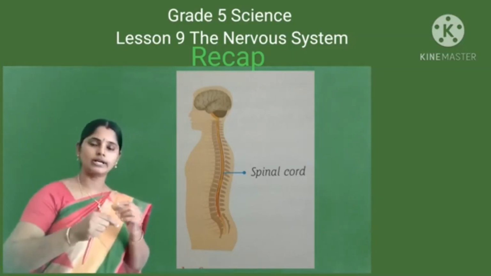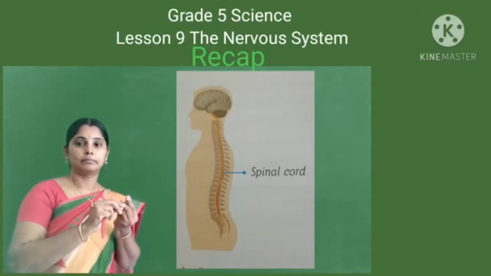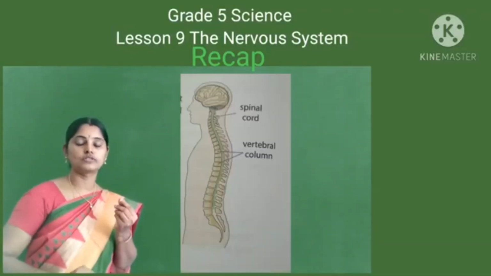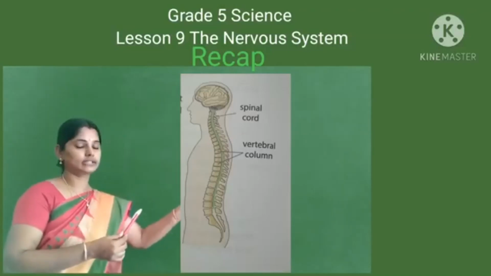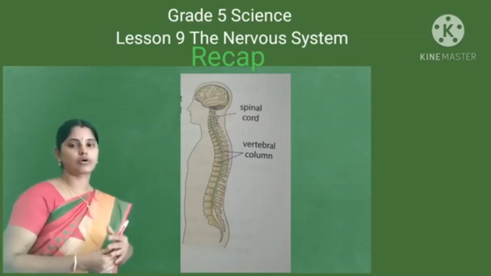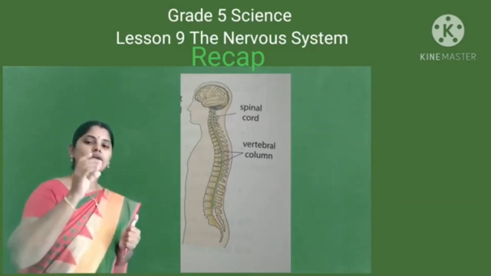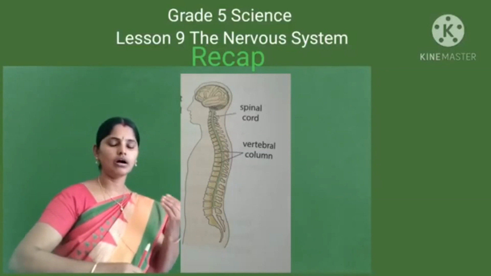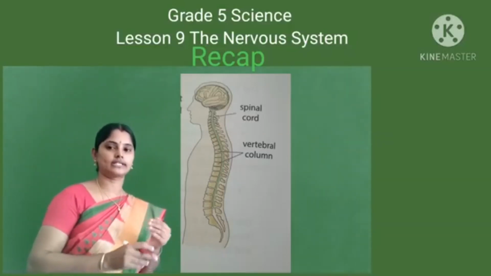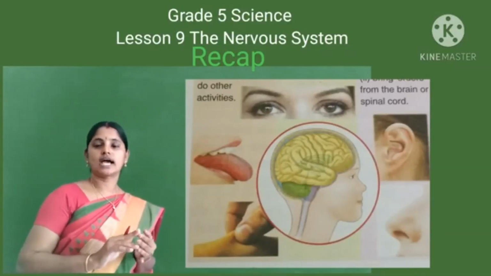The spinal cord is protected by the vertebrae, the backbone. 33 backbones are there, and the spinal cord is in the center, protected by the bones. Then coming to the end, we have 5 sense organs: eyes, ears, nose, tongue and skin.